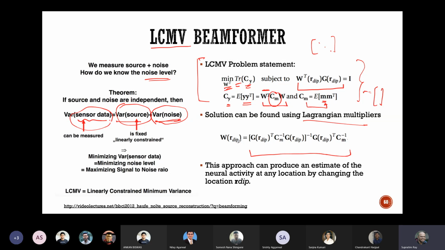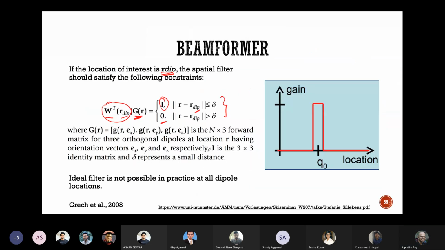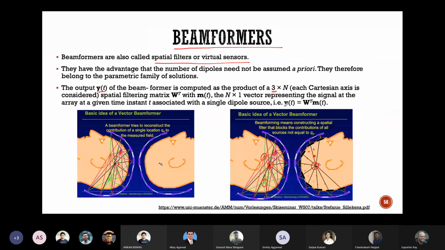This is your weight vector. Given your data, you can find the covariance matrix. You know what G is, so you can compute G at R dip and you can compute the whole thing. The solution, the weight vector, depends on the covariance matrix. But once I give you M, you can tell me what the source is. It's just W transpose M. This is the beamformer.